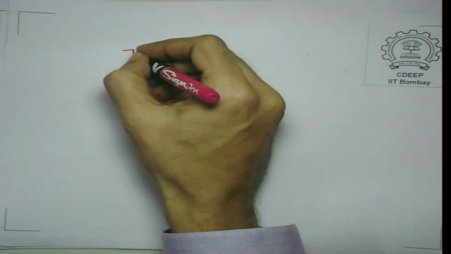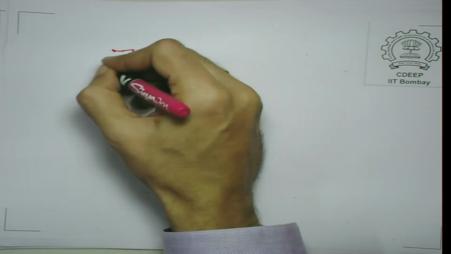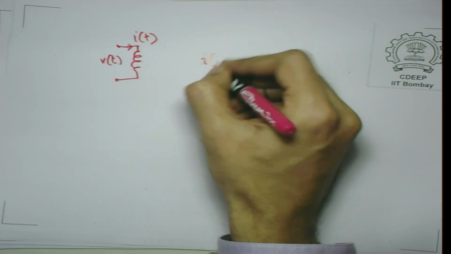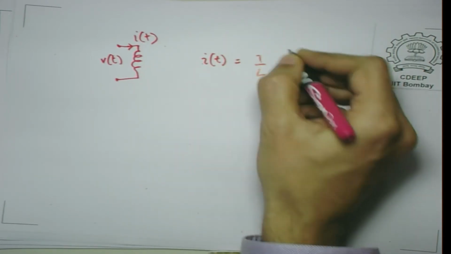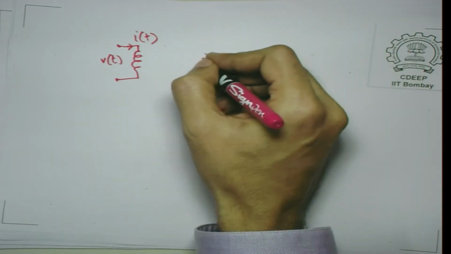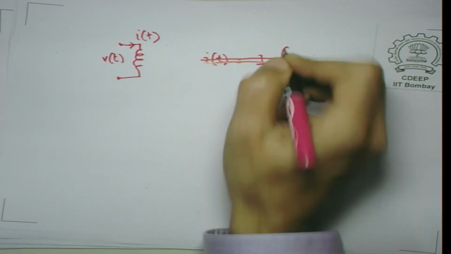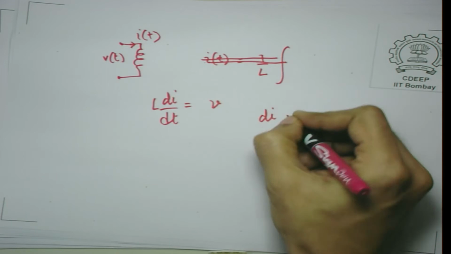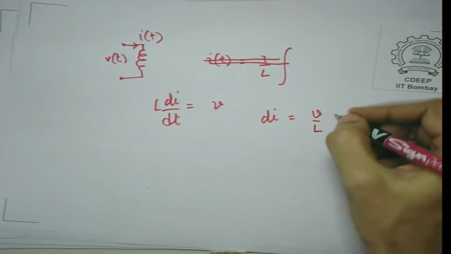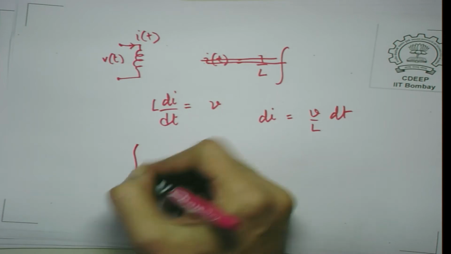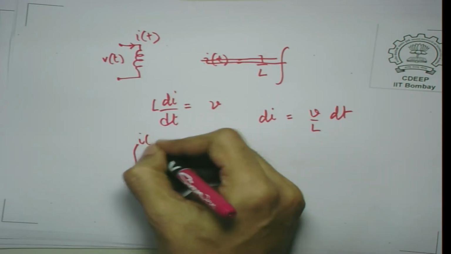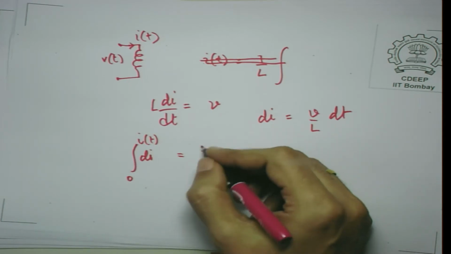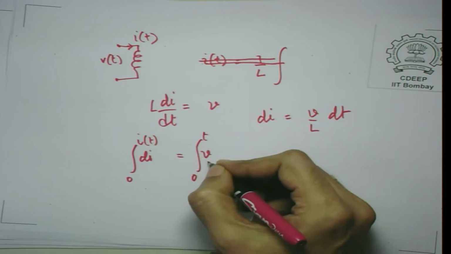For example, if you have an inductor and I tell you the voltage across it is V of t and ask you to find I of t, let us do it properly: L di by dt is equal to V. So, di is equal to V by L dt, and when you integrate from 0 to I, where I is the instantaneous value at time t, you will get the integral from 0 to t of V by L into dt.